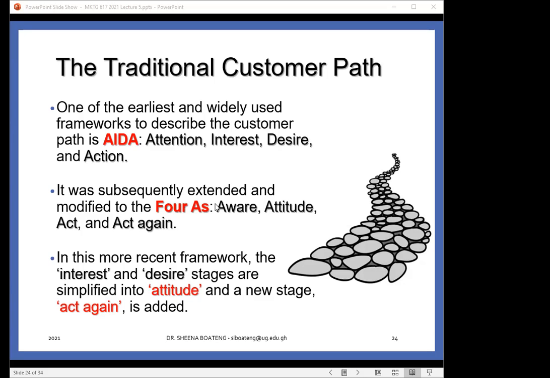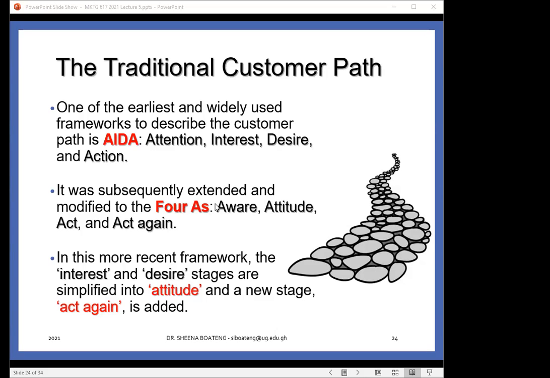So in this most recent framework of the 4 A's, interest and desire, which are the 2 final stages in the AIDA model, were simplified into what we refer to as attitude. And then a new stage was added, which is referred to as act again.